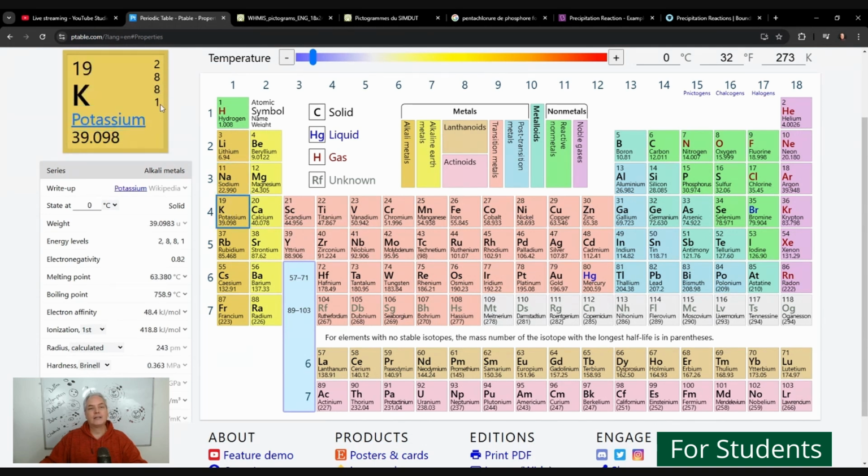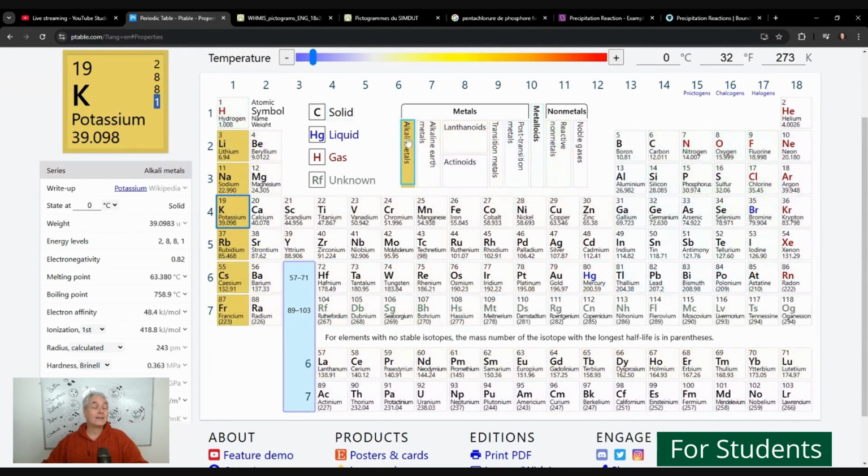Potassium, you have 1 on the outer shell. So the number of electrons on the valence shell makes a difference with respect to how they react with their environment. So we have grouped together different substances with similar characteristics.